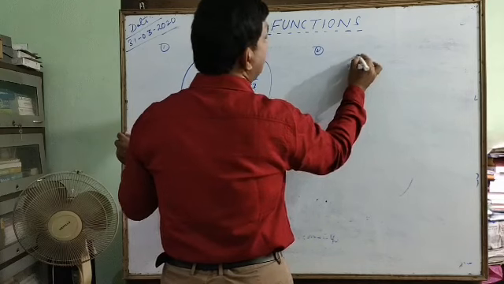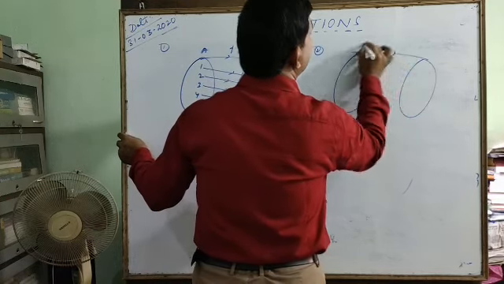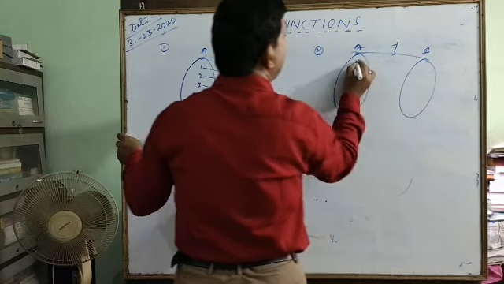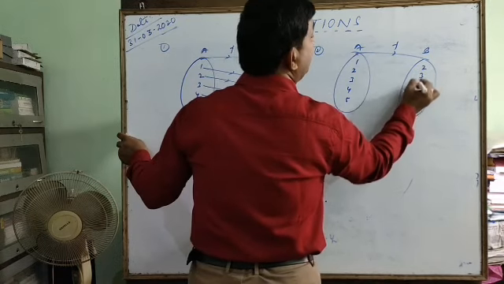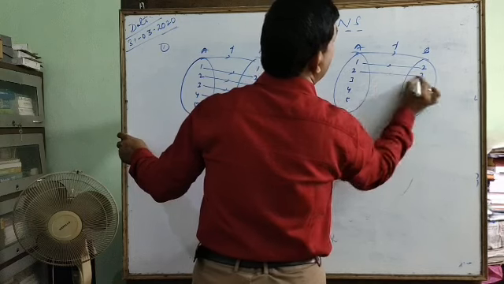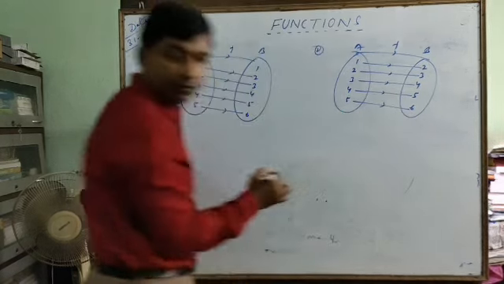One more example. If f is a rule from A to B, this is 1, 2, 3, 4, 5 and 2, 3, 4, 5, 6. 1 related to 2, 2 related to 3, 3 related to 4, 4 related to 5, 5 related to 6.